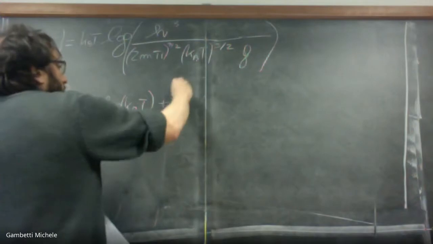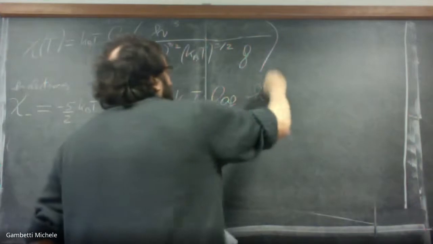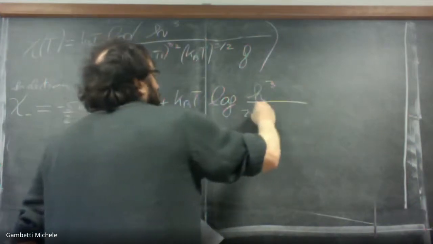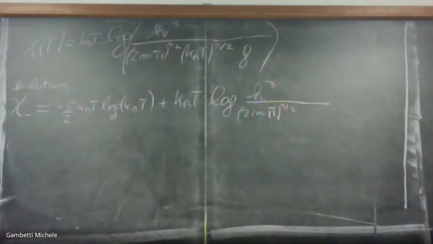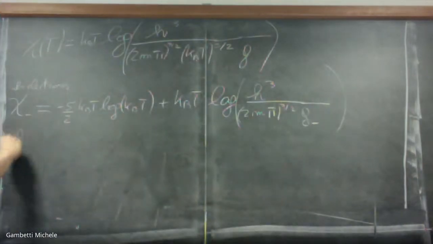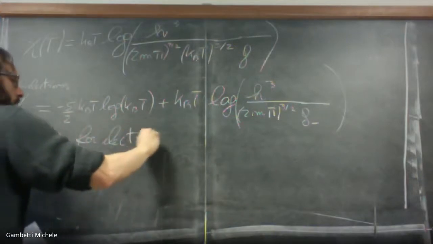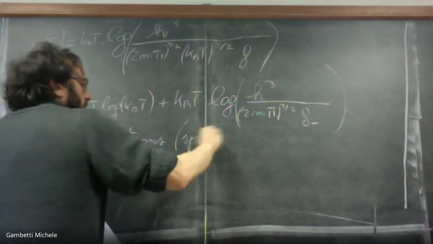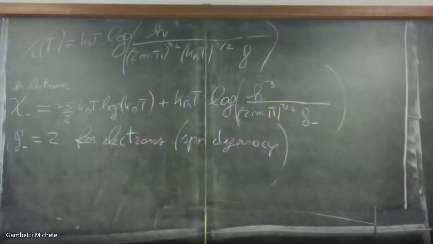Then I have plus kBT log of h cubed over 2 m pi, to the power 3/2, and I have the degeneracy of electrons, let me call it G minus, where G minus will be equal to, for electrons, the spin degeneracy. It's two states corresponding to the spin of the electrons.